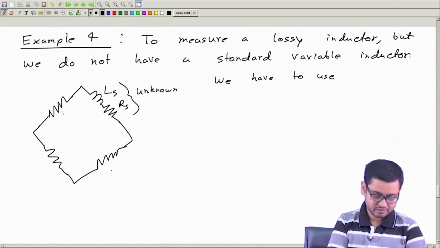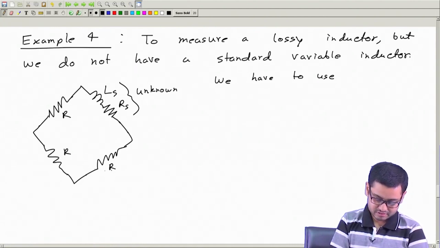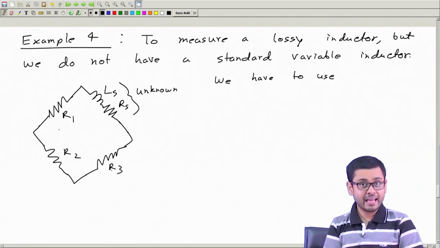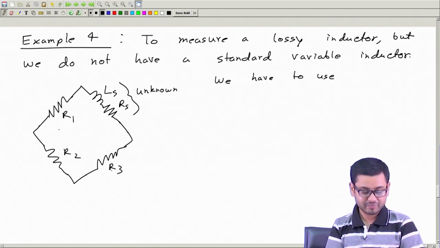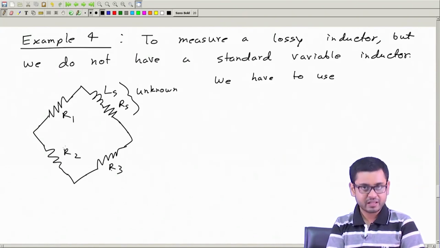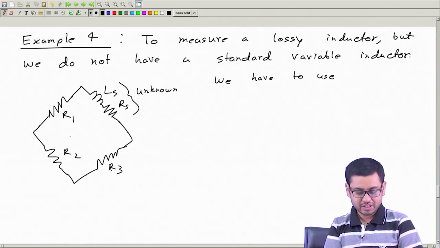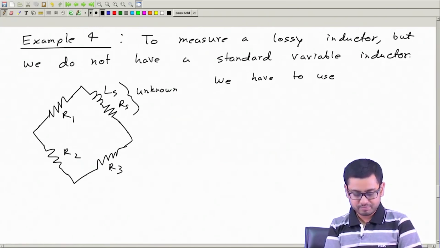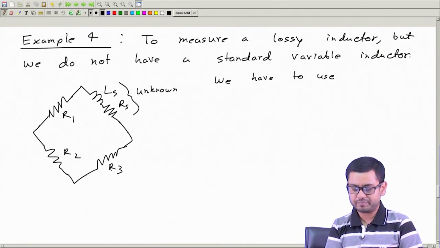No. We cannot, because then the angle condition is not satisfied. The angle of this is 0, the angle of this is 0, so this plus this is 0, but this angle is something between 0 and 90. So their sum is between 0 and 90. So the angle condition is not satisfied. So this is not possible. So we cannot balance it using resistance only.